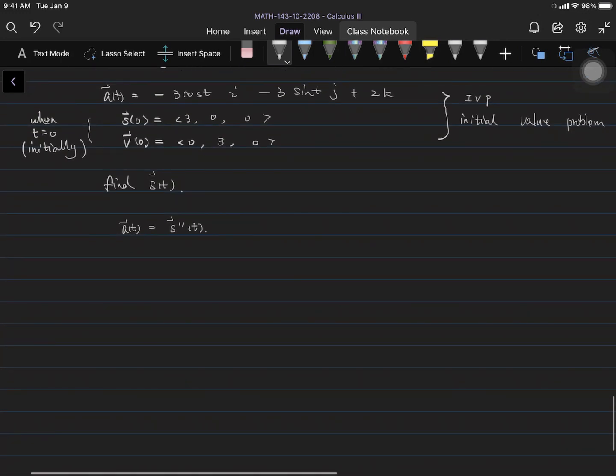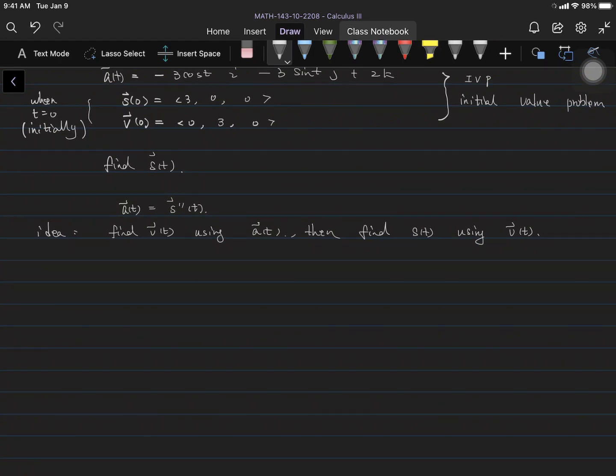So the idea to do this problem, we're going to find v(t) using the given a(t), and then we find s(t) by using velocity. Okay, we want to find s(t) by using v(t).